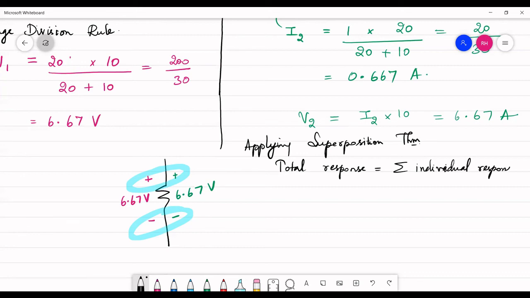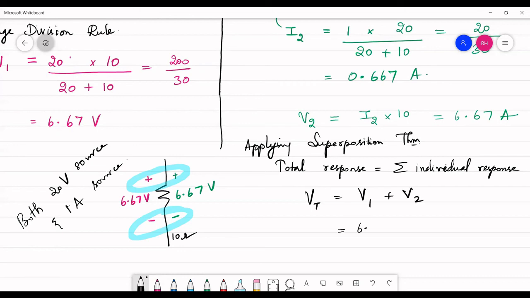So here you have two voltages, say V1 and V2, and the total voltage across this 10 ohm resistor due to the presence of both the 20 volt source and the 1 ampere source is Vt equal to V1 plus V2, which is equal to 6.67 plus 6.67. So here we have 13.34 volt.